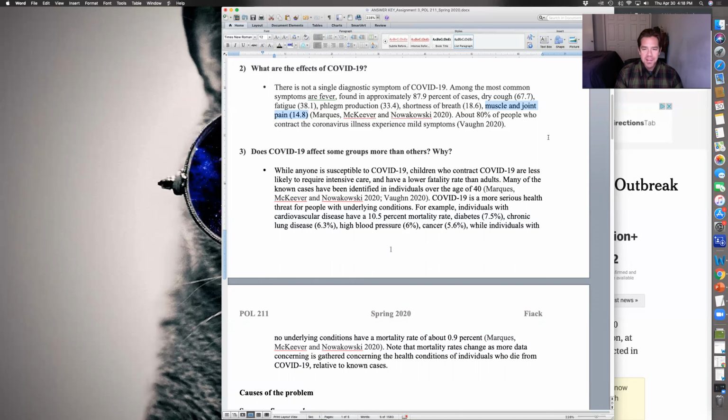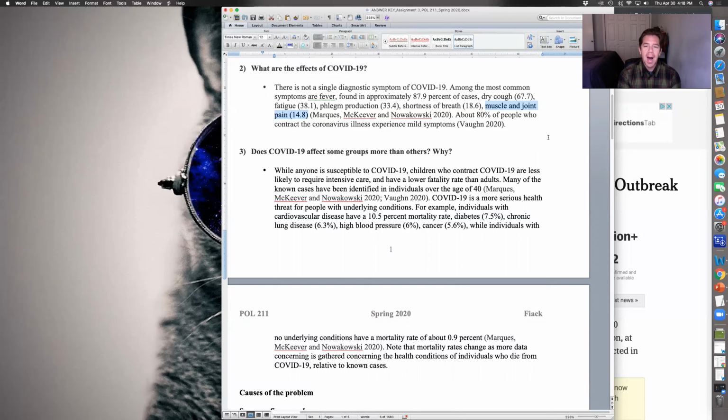Many of the known cases have been identified in adults, of course, and initially and even now, particularly in adults over the age of 40, right? It's important to note that a lot of the challenges we have is testing. We still have this issue of testing going on, but presumably many more people have COVID-19 or have had it than we currently know, right?